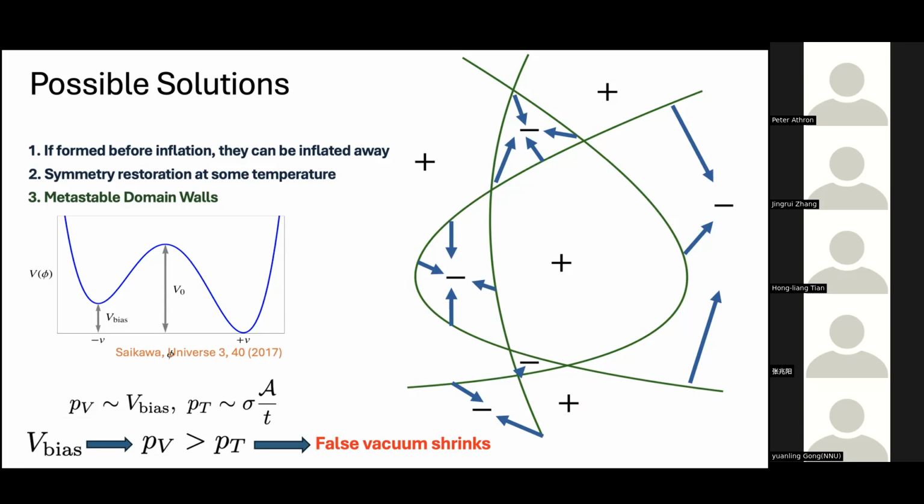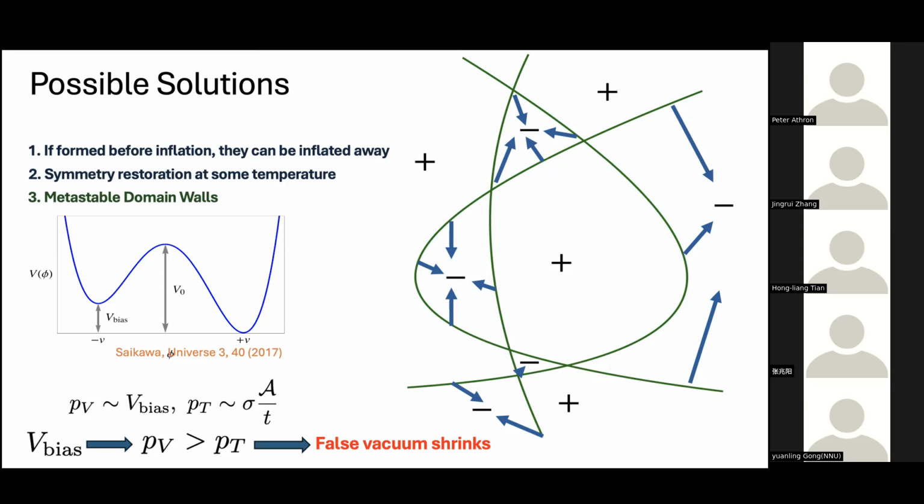But the most well-known solution of this domain wall issue is creating a metastable domain wall. So what do we mean by metastable? Because we saw in the last slide that once the symmetry is broken, the vacua are degenerate, and that's why the domain walls are problematic for our universe. Now, if we make the domain wall metastable, that means we introduce a bias term in the potential, this will destabilize the vacuum, and this will destabilize the domain wall.